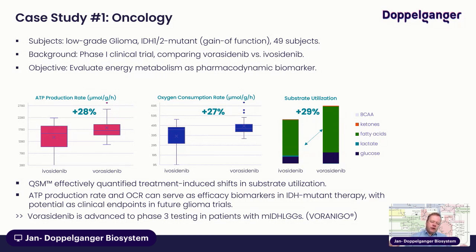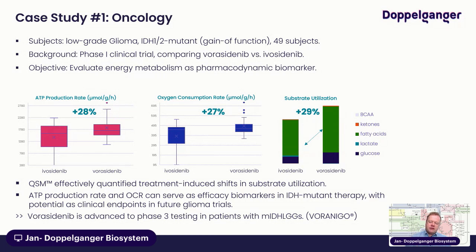And now the underlying question is, is there a change in the substrate utilization? And you see that primarily these compounds seem to affect the substrate utilization, and you really see that this increase in ATP production is a result of an increase of fatty acid utilization.